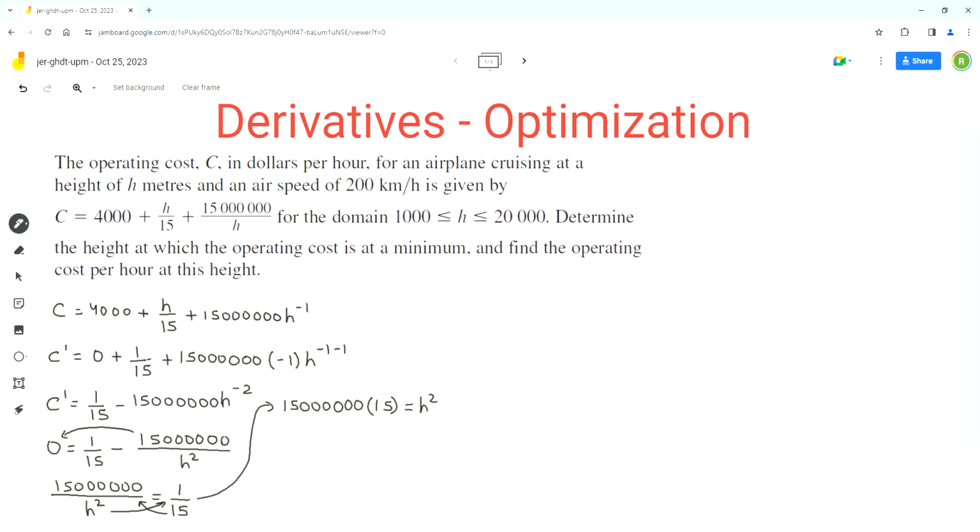Now we can multiply the numbers on the left side. So we get 225 million equals h squared. And now we can apply square root to both sides. On the right side, the square root and the square cancel each other out, and the square root of 225 million is 15,000.